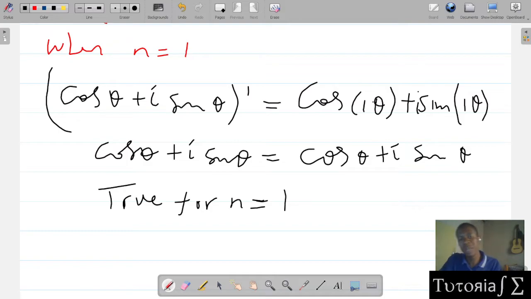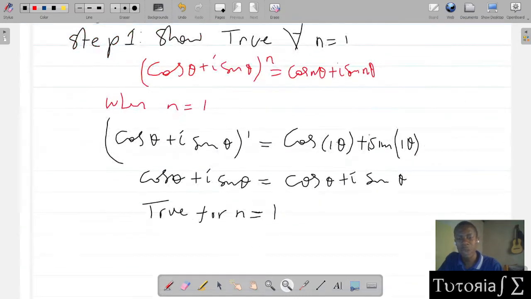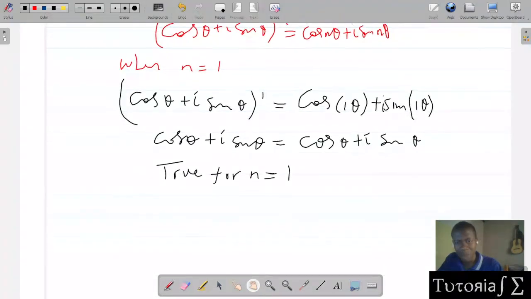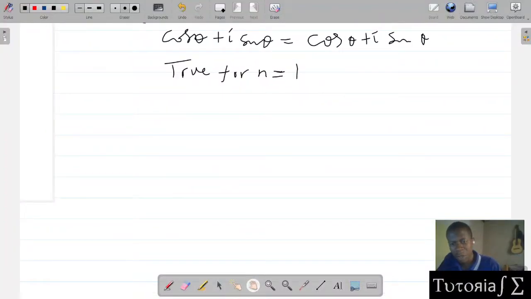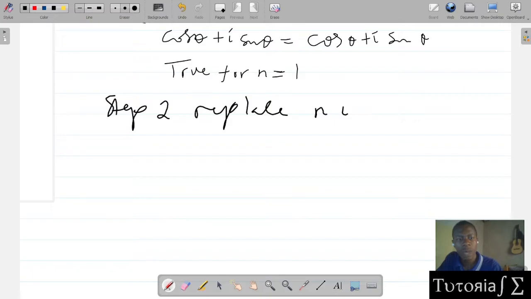So we go on to step 2. Even in most books, they don't emphasize this step because we are just replacing n with k. This is our assumption. We are assuming that n is equal to k.